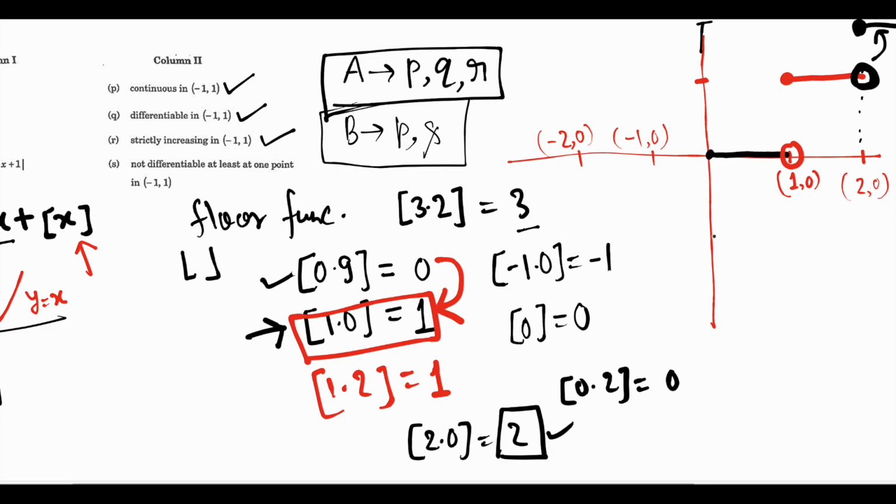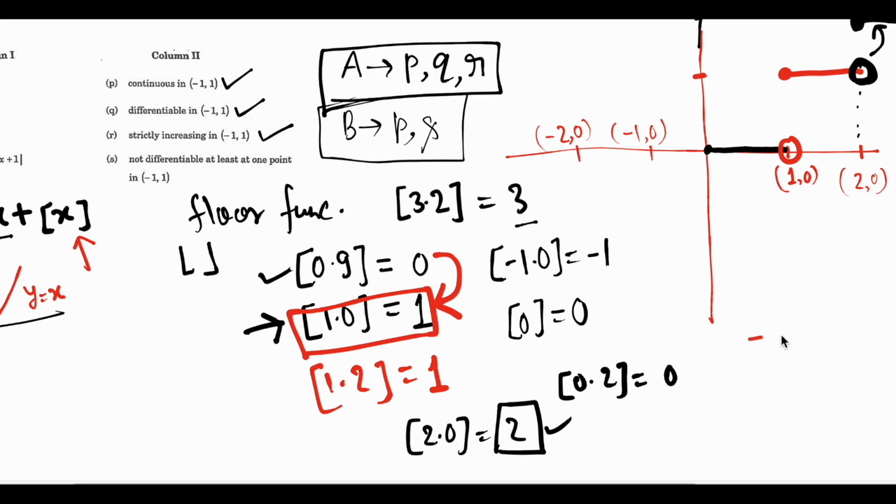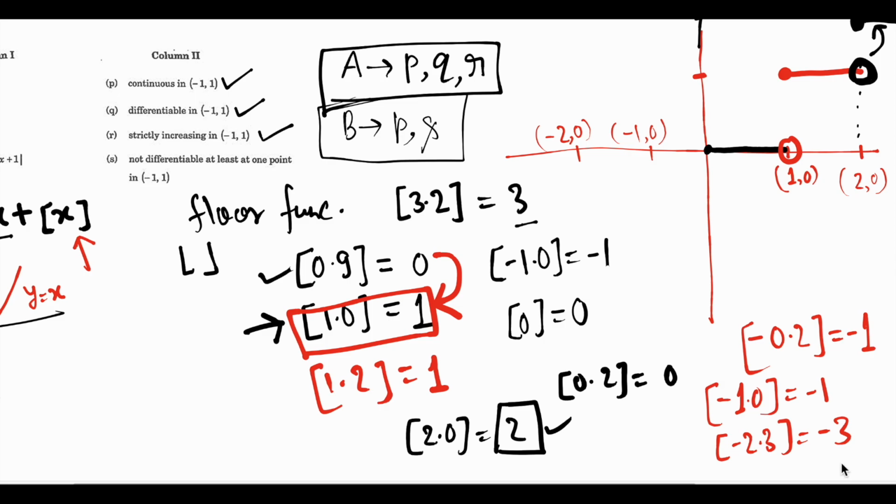By the definition we know that the floor function provides the greatest integer which is nearest and also lesser or equal to the given value. So for minus 0.2, the nearest lesser integer is minus 1. For minus 1.0 it is minus 1. For minus 2.3 the floor function provides the value minus 3.